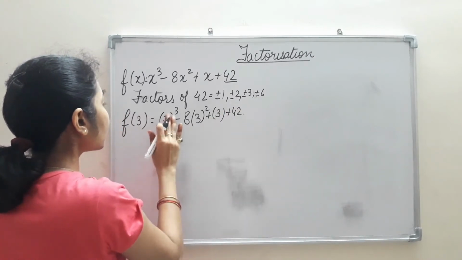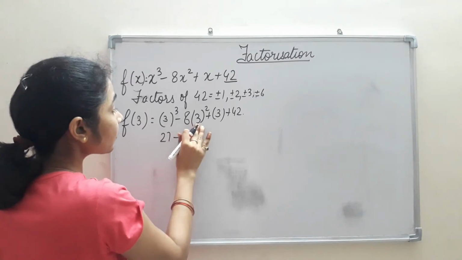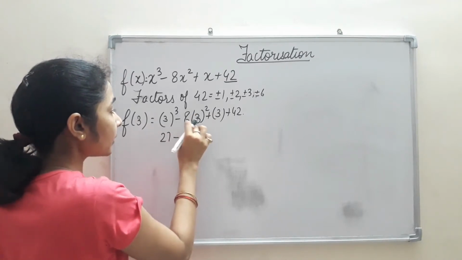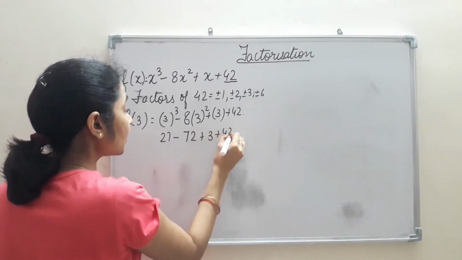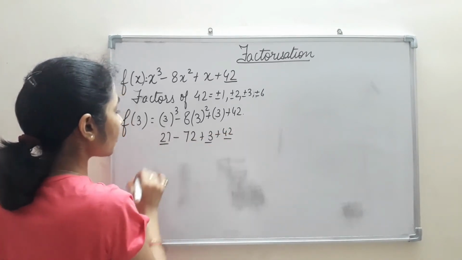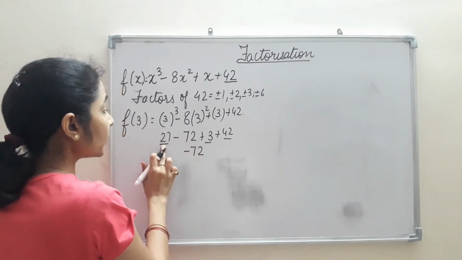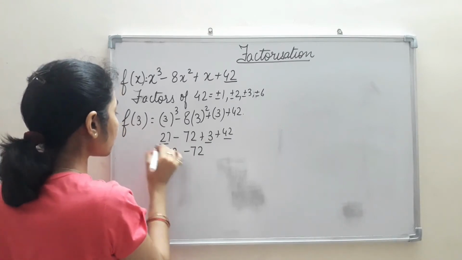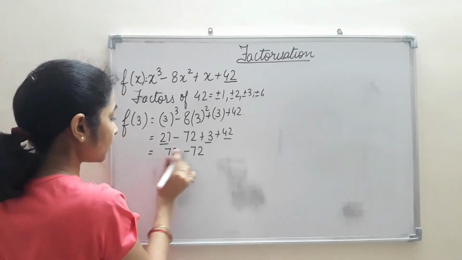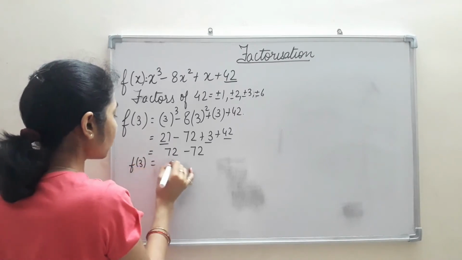Now 3 3s are 9, 9 3s are 27. 27 minus 8 times 3 square, so 3 3s are 9, 9 8s are 72, plus 3 plus 42. Now these are all positive terms and this is negative, so writing the negative term here. 27 plus 3 gives 30, and 30 plus 42 gives 72. So 72 minus 72, I have got 0. So f(3) is equal to 0.